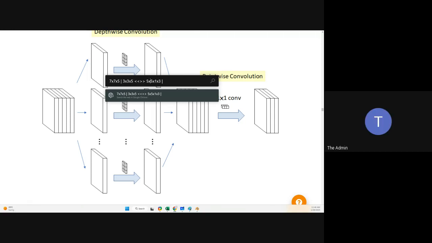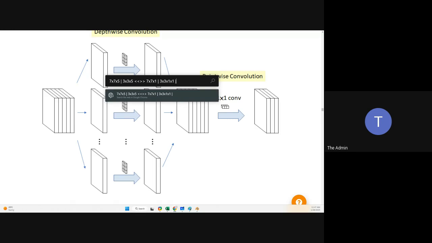In the new way, what will we have? 7 cross 7 cross 5. Let's take it step by step. Forget that we had 5 channels. We had only 1 channel. In normal convolution, what do we do? 3 cross 3 cross 1. We have only one of that channel.